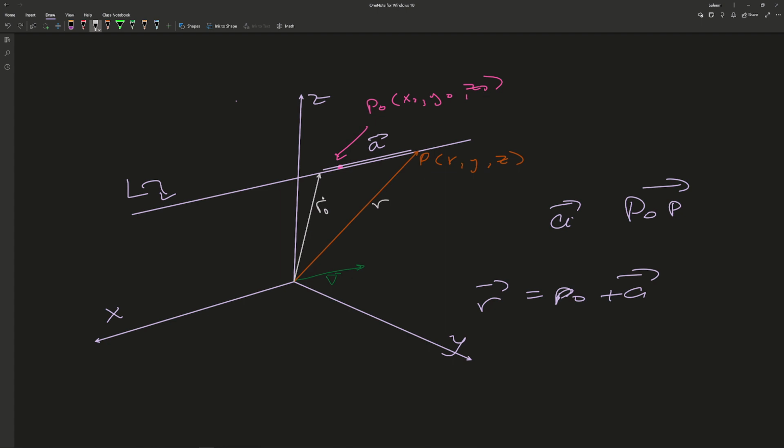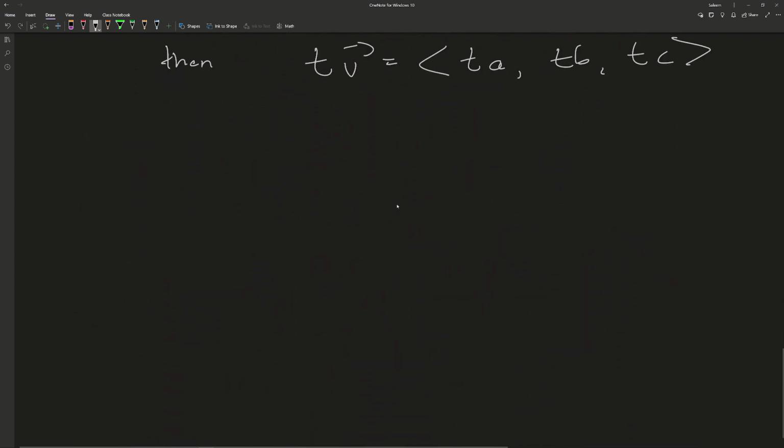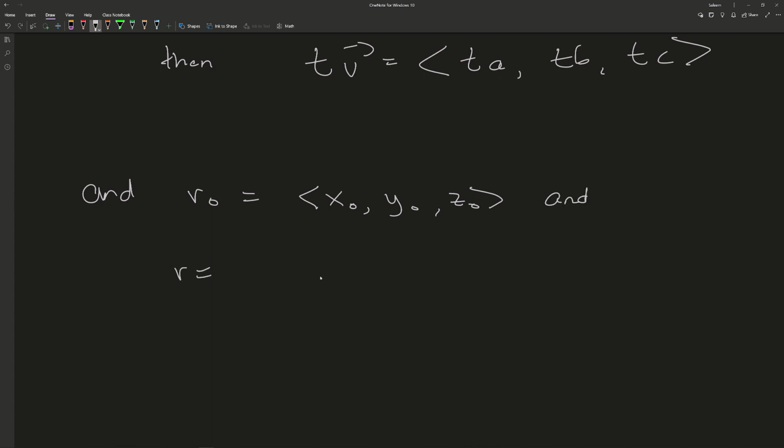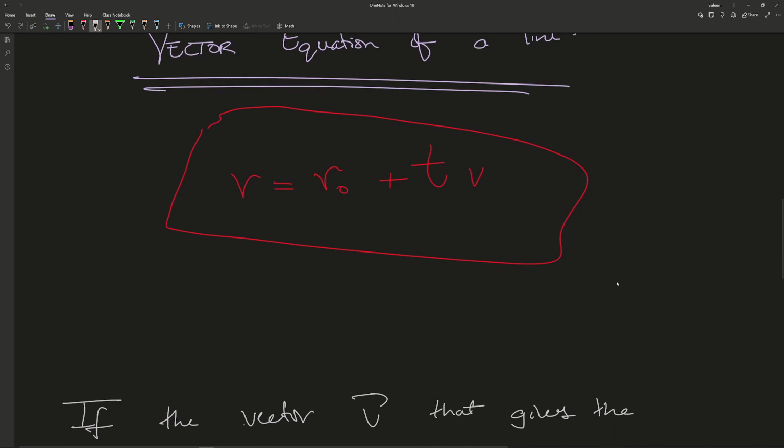So if r is xyz, then r0 is x0, y0, z0. Let's call this equation number 1.